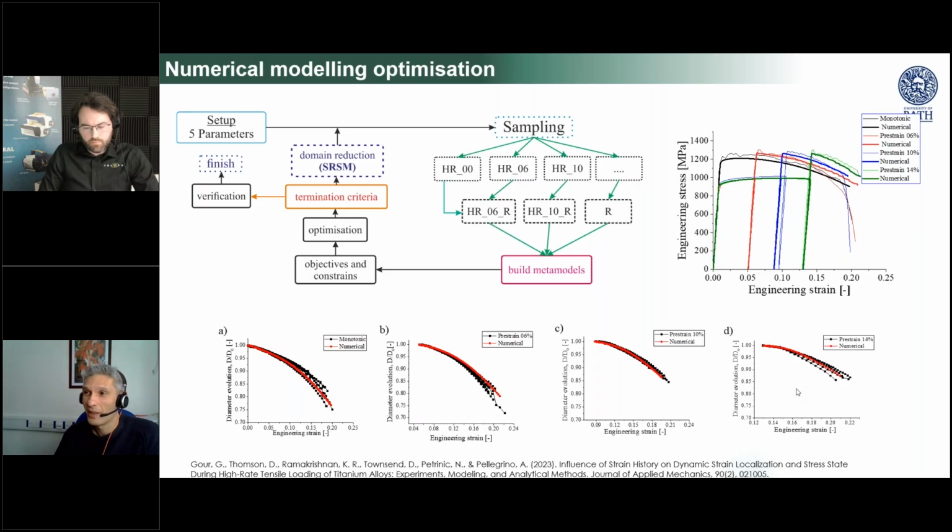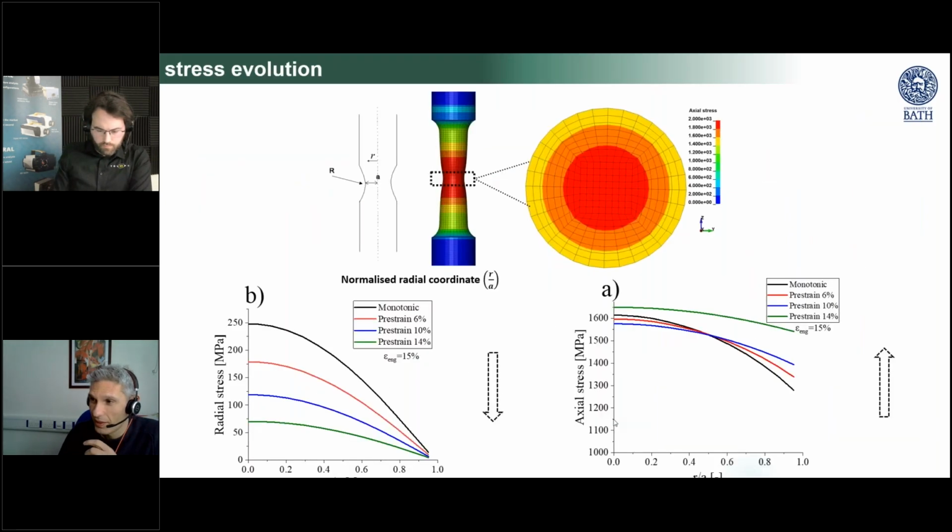At this point, with all the diagnostics that we could possibly use matching between numerical simulation and experimental data, we could trust that what we extract from the simulation is actually representative of what we measured experimentally. So we could focus on the stress distribution in the necking section.